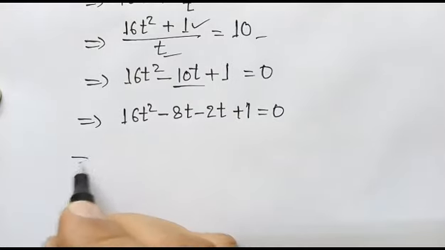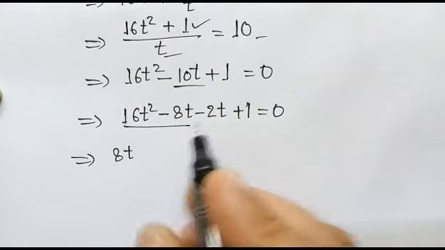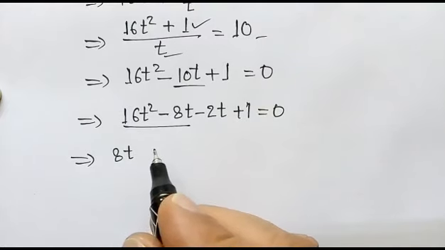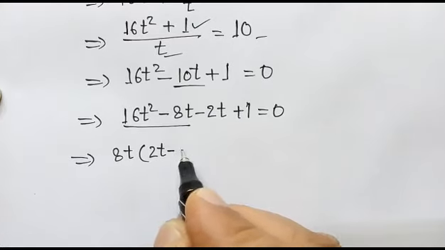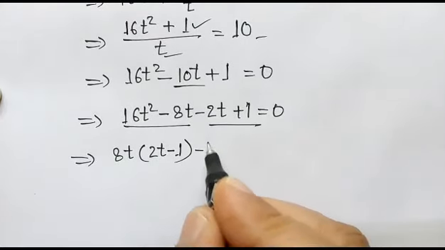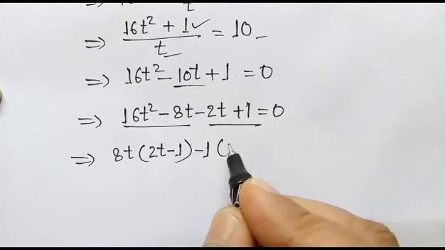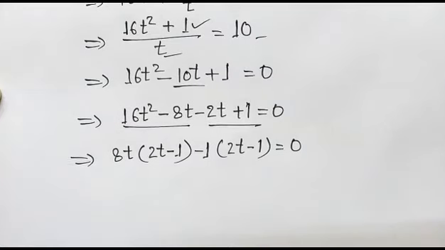Okay, if we take 8t as common, we get 2t minus 1, and here minus 1 as common, so 2t minus 1 is equal to 0, right?